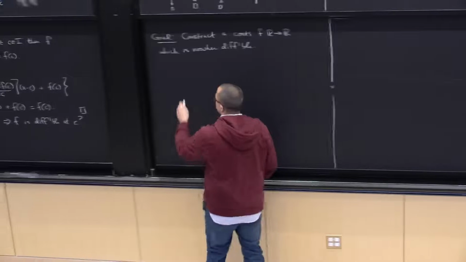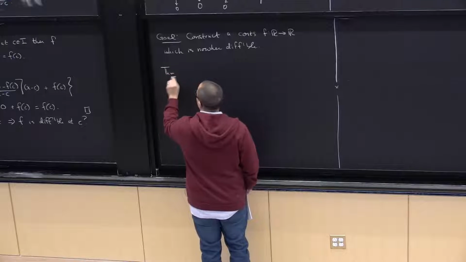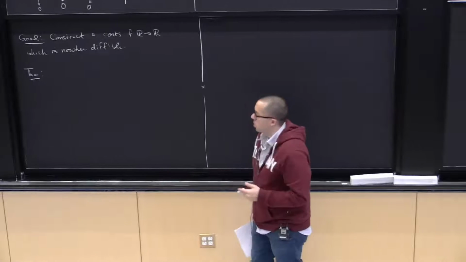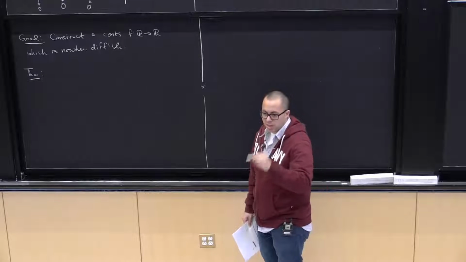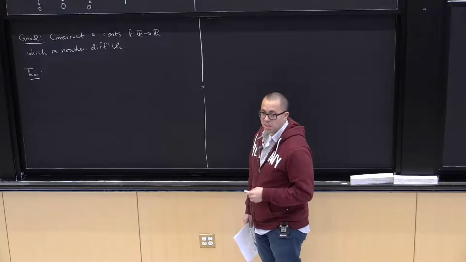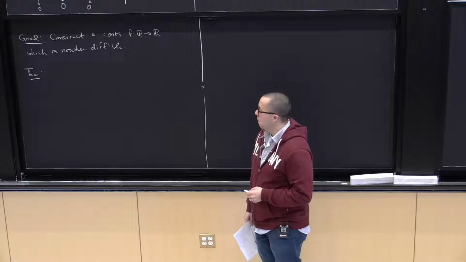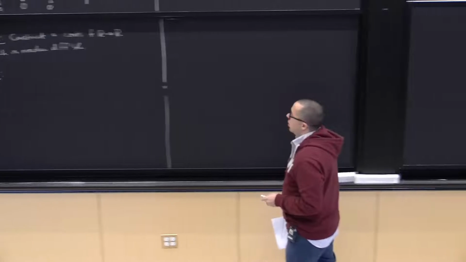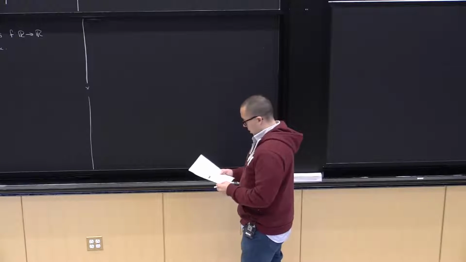So let's start off with a few simple facts. I said that we're going to build a function which is oscillating quite a lot. There are two functions you know that oscillate, cosine and sine.